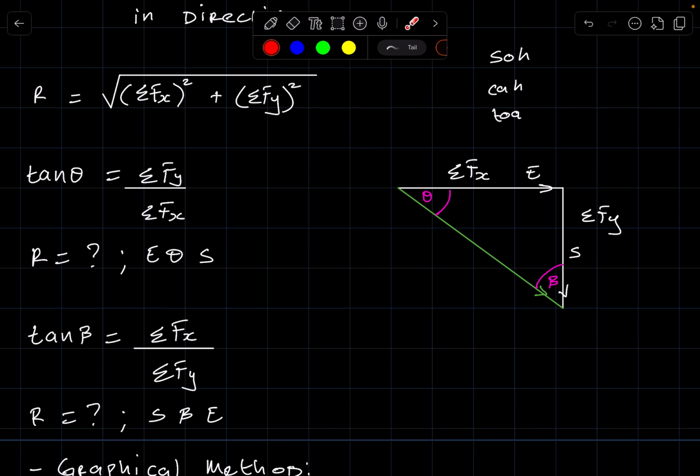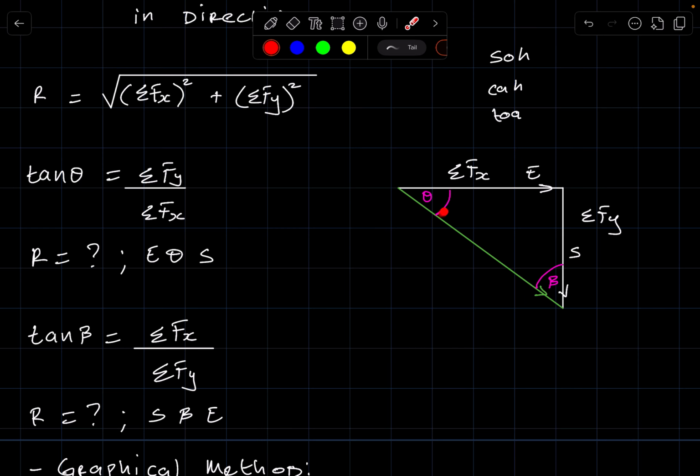This one in particular for this scenario is the fourth quadrant, and it has two directions, east and south. In expressing the direction of the resultant or of your force or your vector, remember at this point you've already written the magnitude. The first direction you write here is based on where this angle is referenced from.